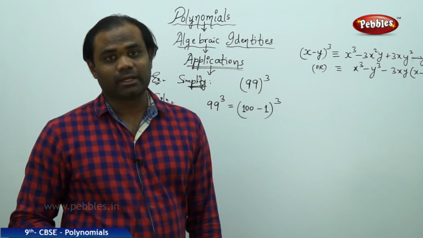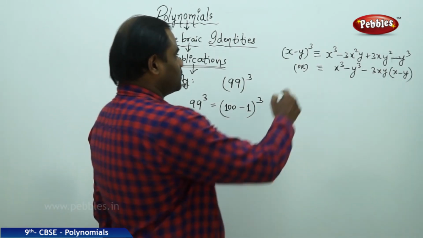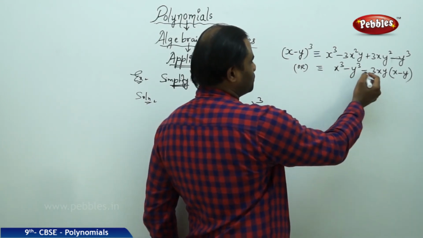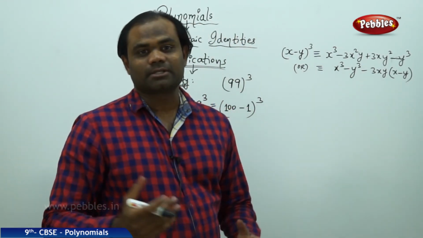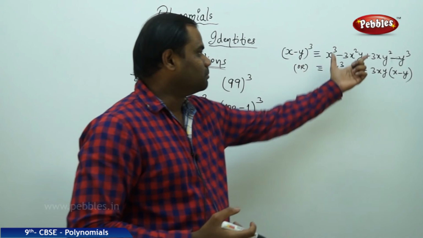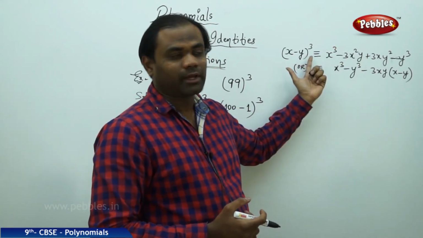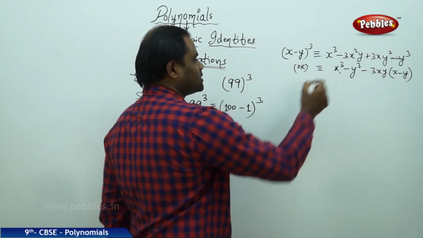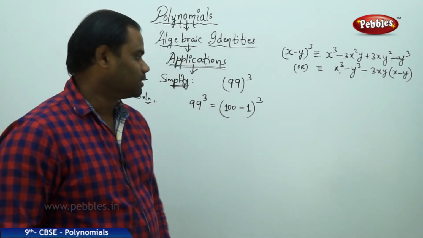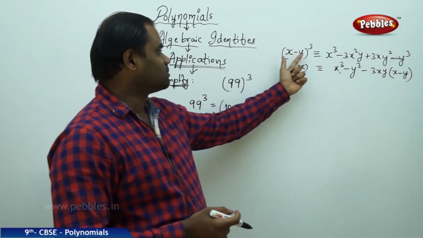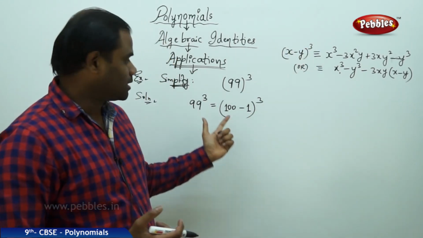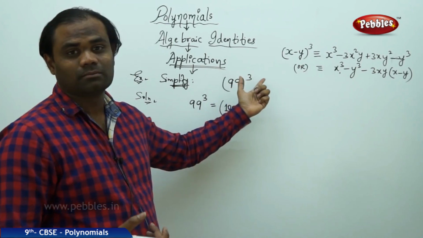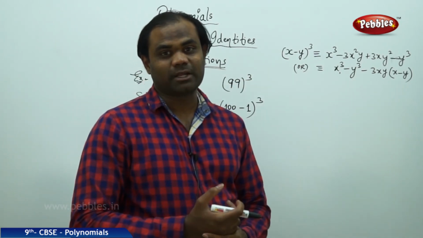Both are the same expansions. Or this formula can also be written as x cube minus y cube minus 3xy times x minus y. Both mean the same identity for x minus y whole cube. So I'm going to use the second form of the identity for expanding 100 minus 1 whole cube, indirectly 99 cube. So let's see how the expansion proceeds.